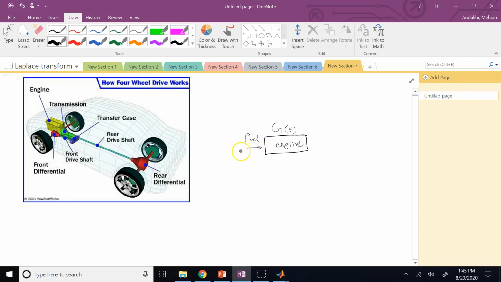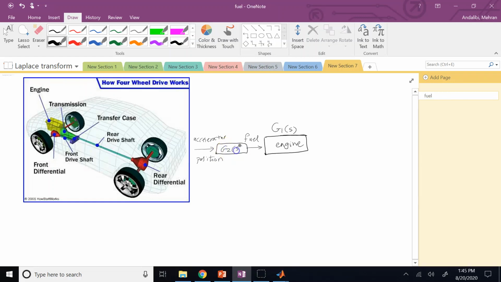but that fuel is determined by what? By the position of the accelerator, right? So this is the accelerator's position. It goes into a mechanism, right?